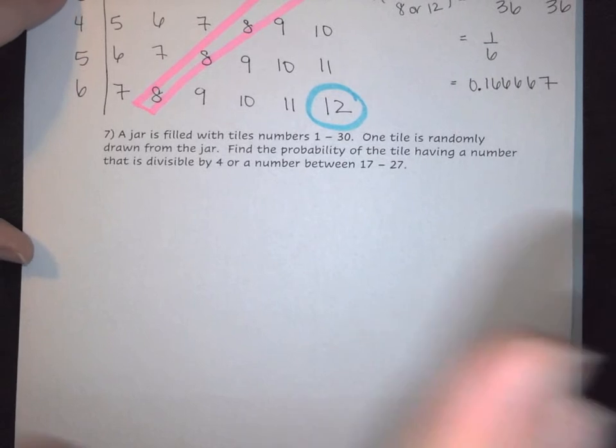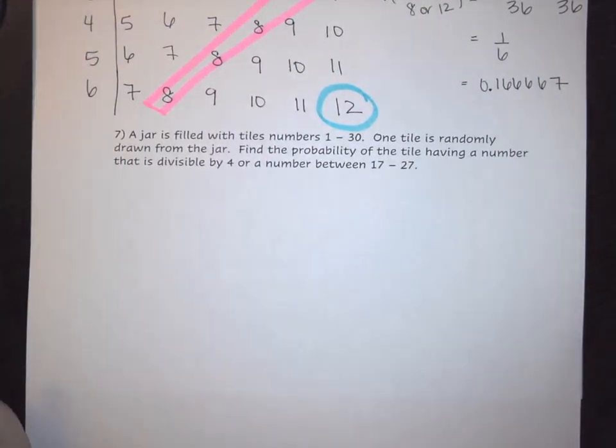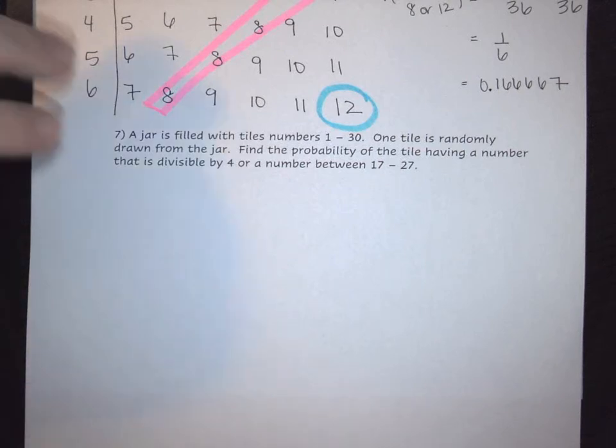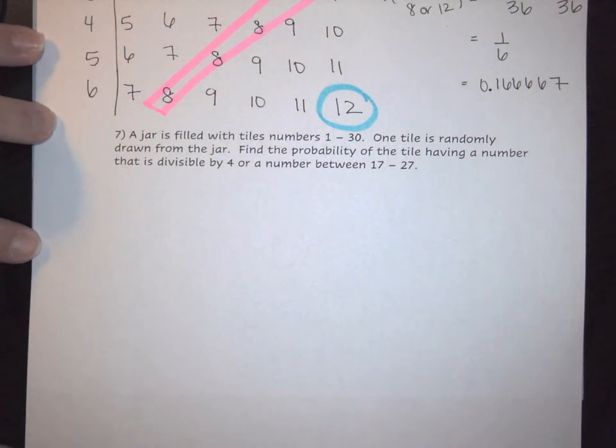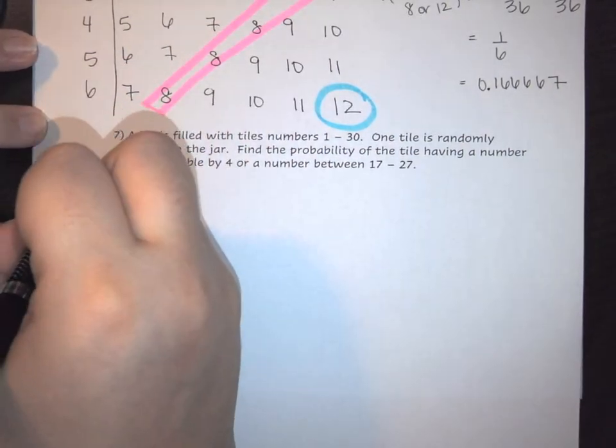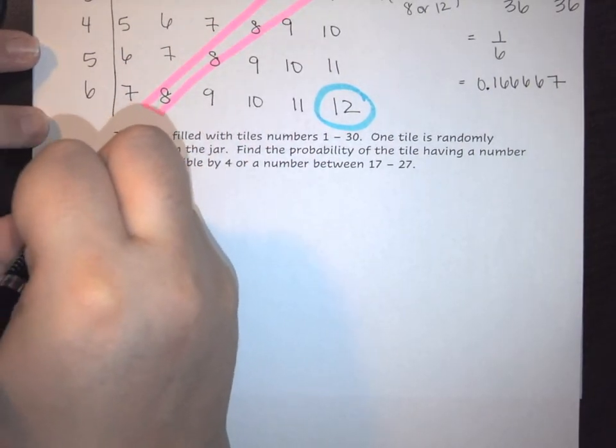Alright, the last one I wanted to look at is here. I have a jar filled with tiles numbered 1 through 30. If one tile is randomly drawn from the jar, I want to find the probability of the tile having a number divisible by 4 or a number between 17 and 27. So the first thing that I would do if I were you is I would go ahead and list out my tiles if you want.